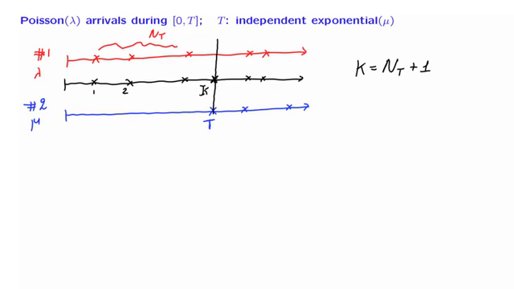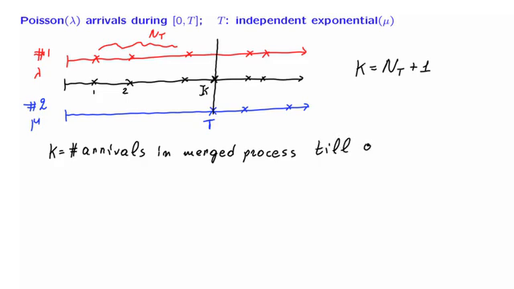So what are we asking? What is K? K is the number of arrivals in the merged process until you get an arrival in the merged process which is coming from the blue process.